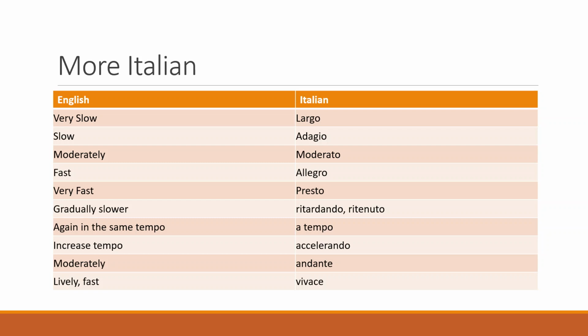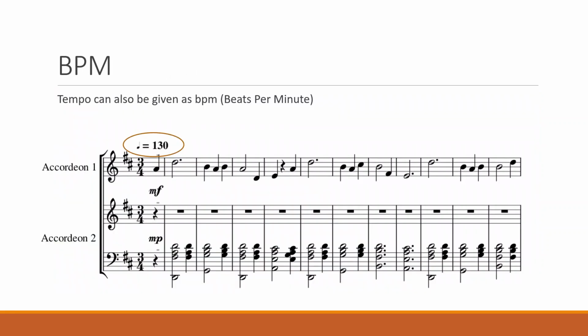Largo, adagio, moderato, allegro, presto are ways to identify the tempo of the piece. Another way, a more modern way to do that, is by giving the BPM, which is beats per minute. And this is something you can see on your metronome.